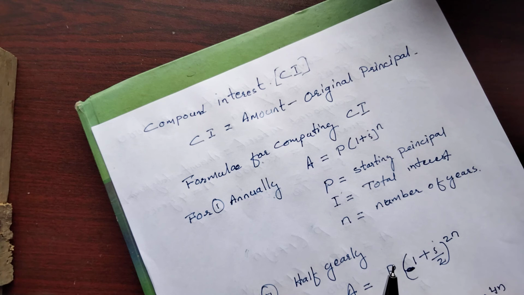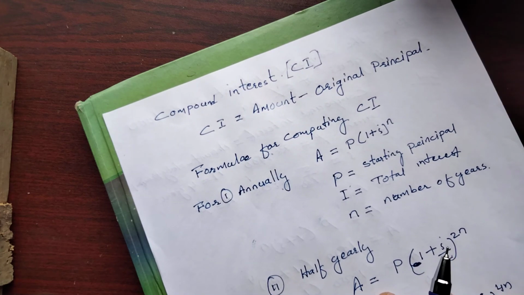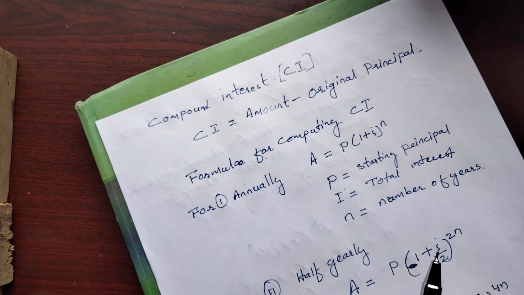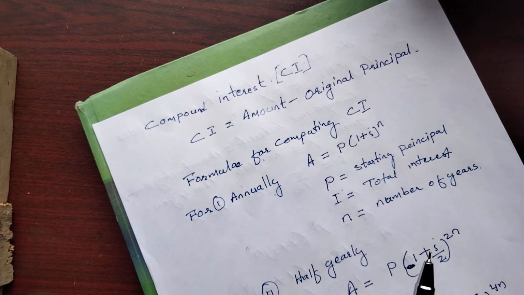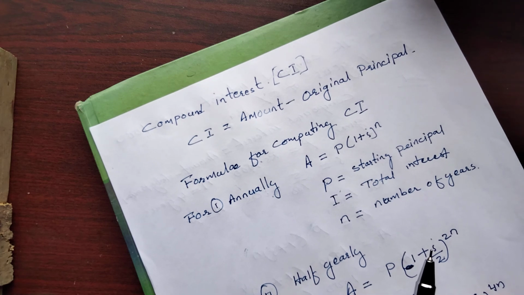Because of that limitation, researchers and other eminent persons have developed many formulas so that you can easily calculate the compound interest for many years. So today we are going to apply those formulas.